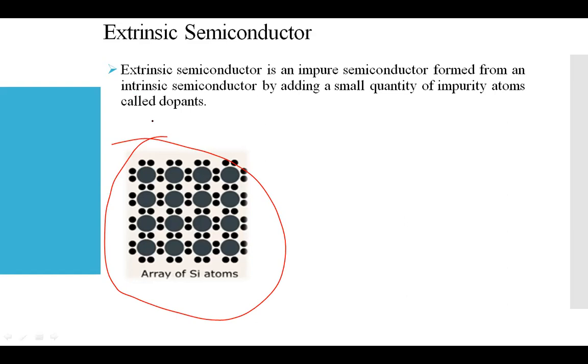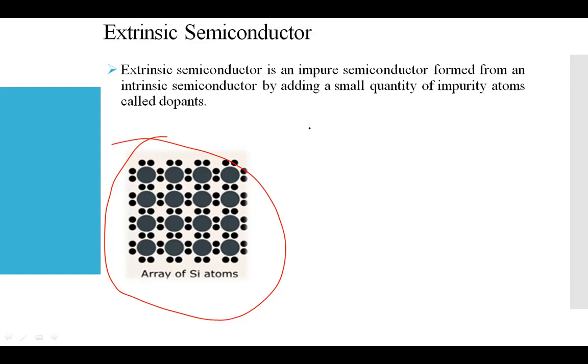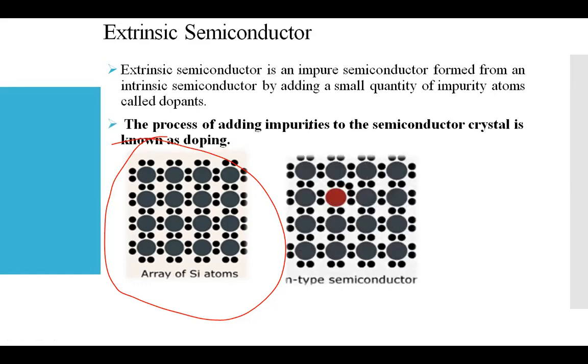Can you tell me what the diagram given here for the array of Si atoms is? This is intrinsic, because all the components represent silicon.